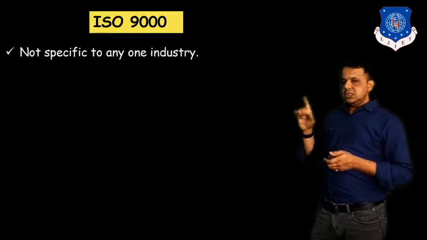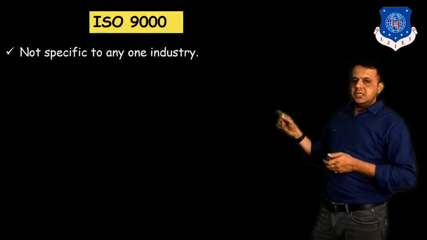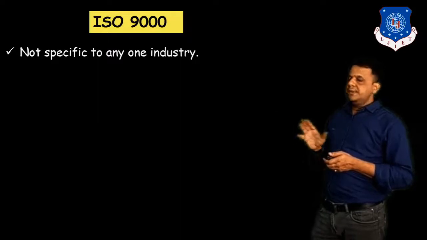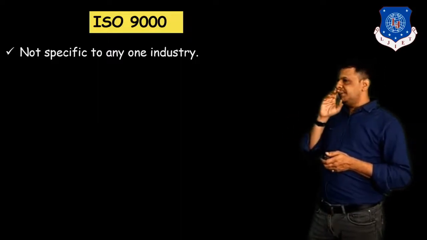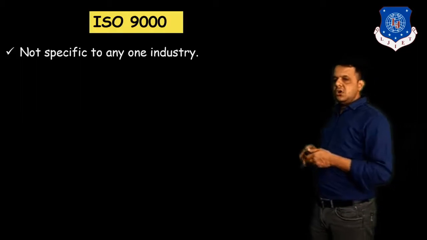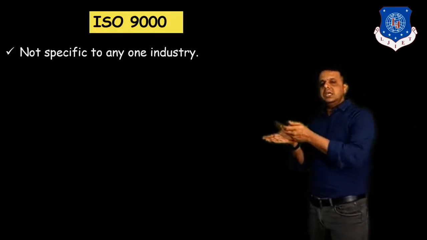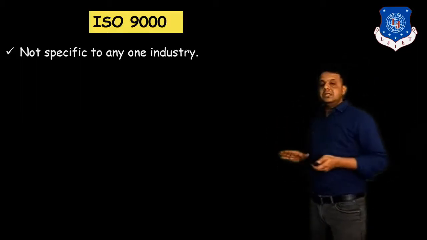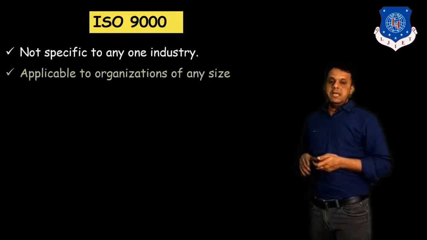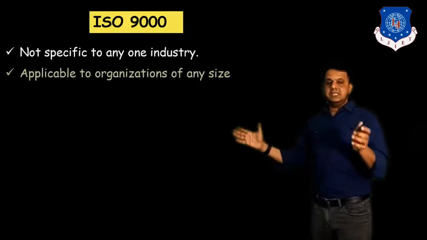It is not industry-specific. I mean, it is not that it can be applicable only to the chemical industry, or only to the garment industry. It can be applicable to any industry, any organization of any size.